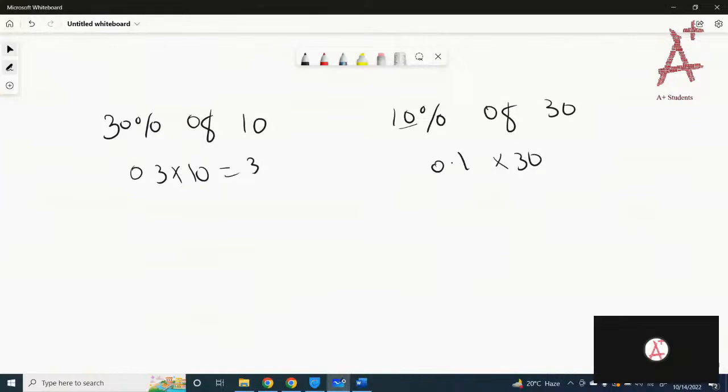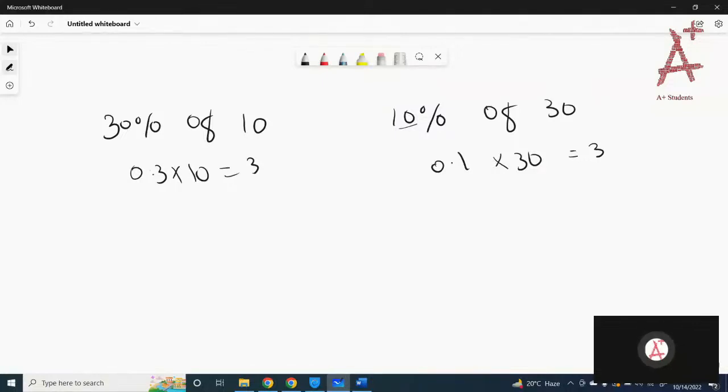Got it? So 0.1 times 30 is 3. Yes, it would be 3. And 0.3 times 10 is 3.